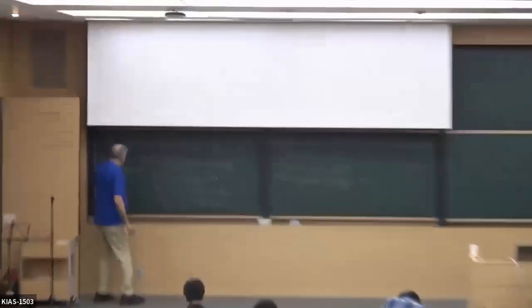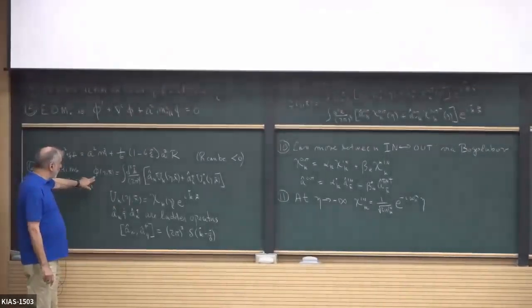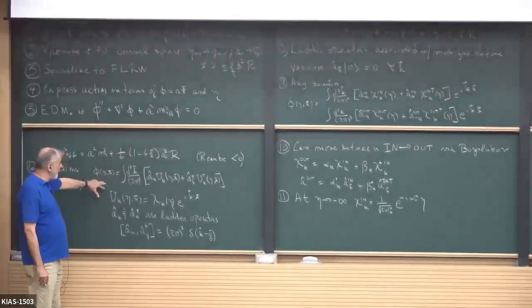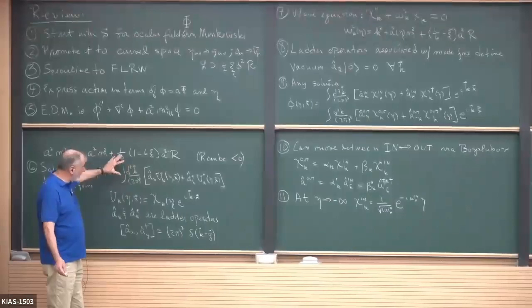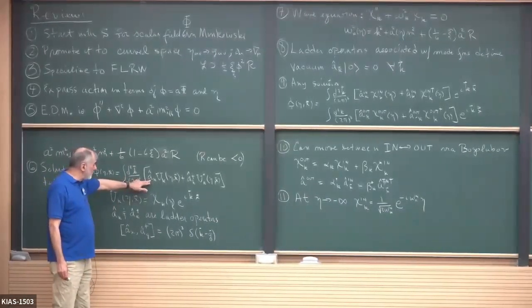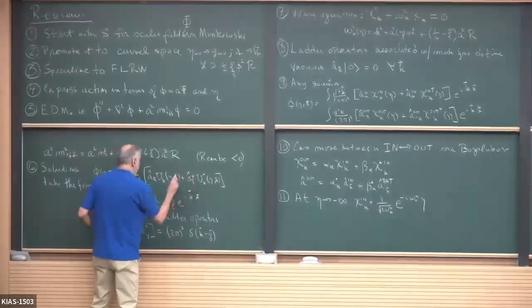So continuing the review, just following our nose in quantum field theory, we're going to write the wave function as a function of conformal time and space in terms of mode functions, do a Fourier expansion in terms of ladder operators, a_k and a_k dagger.